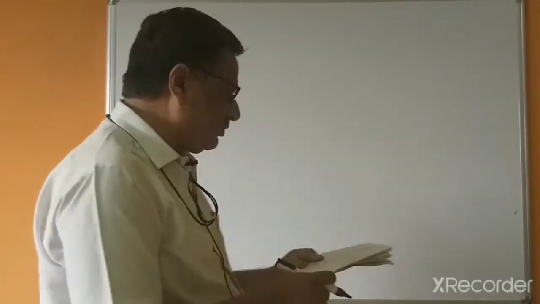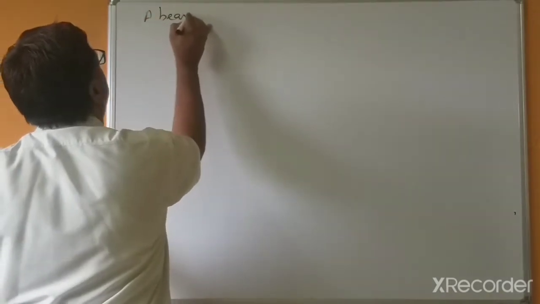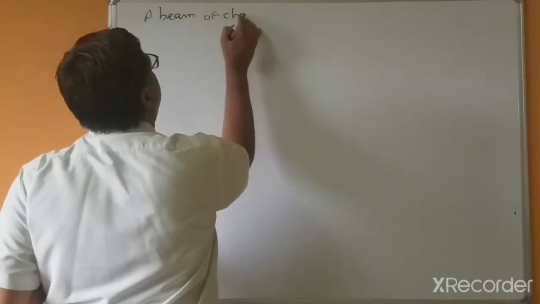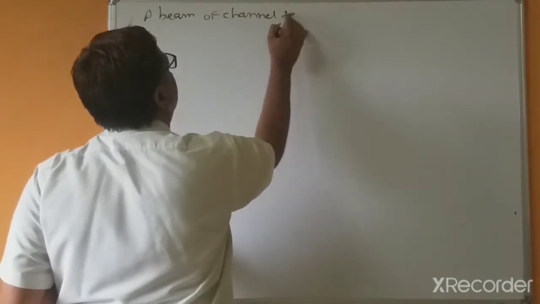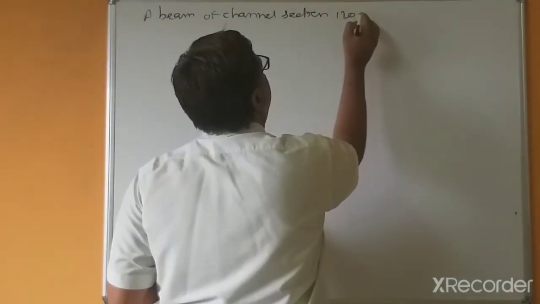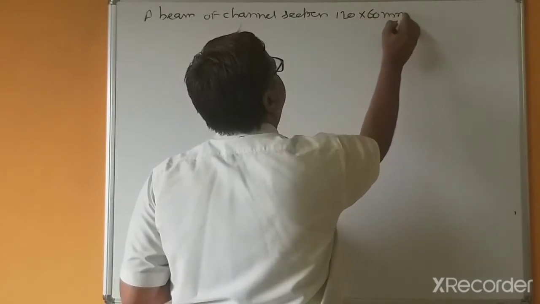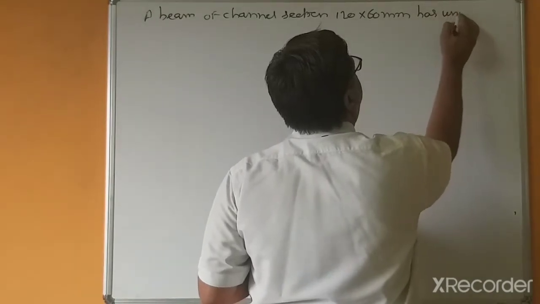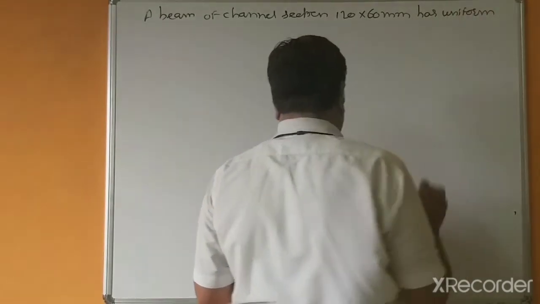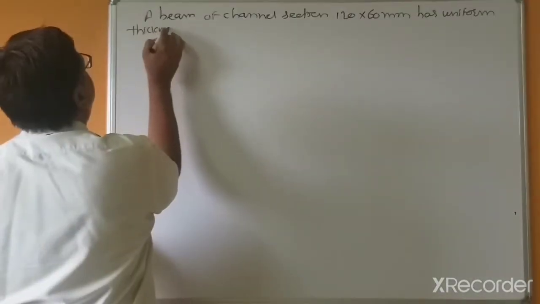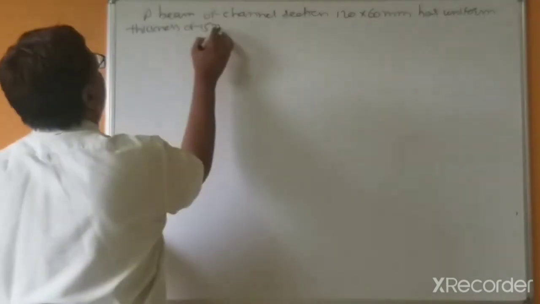So please note down today's first problem. A beam of channel section (120 mm by 60 mm) has uniform thickness of 15 mm.